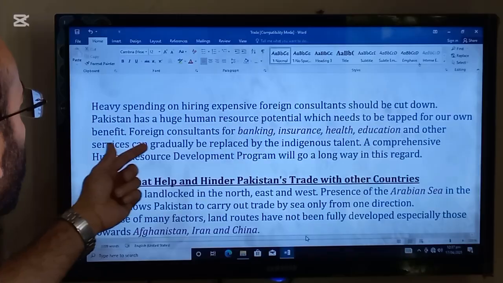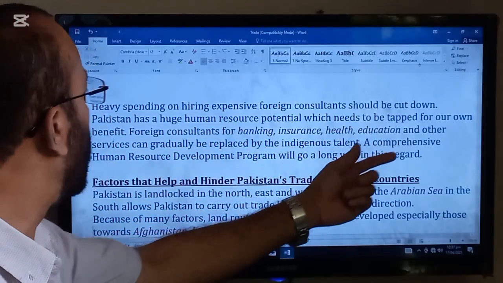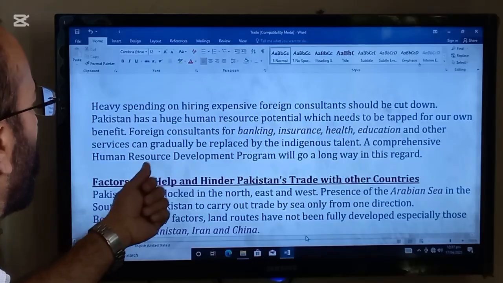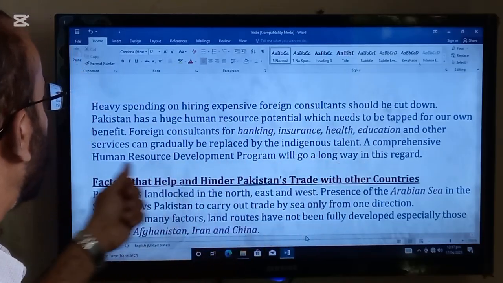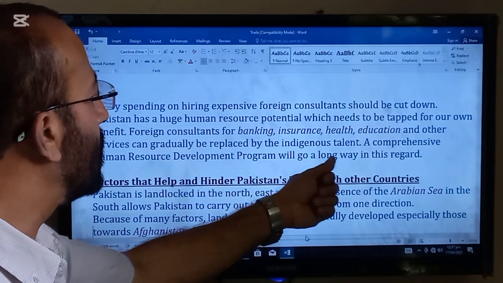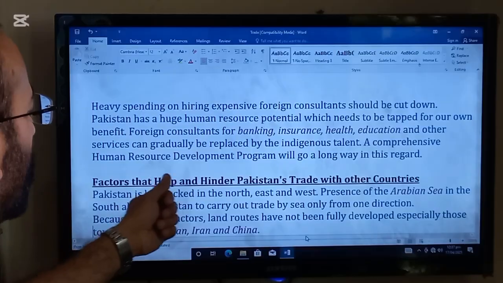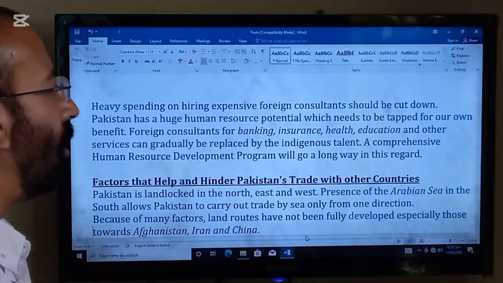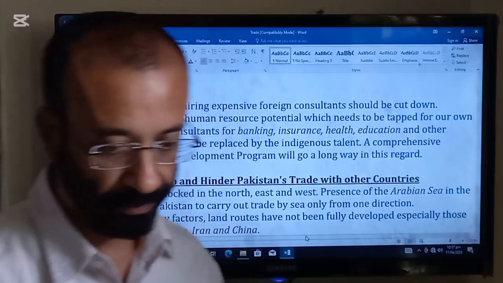Next is, Pakistan has a huge human resource potential which needs to be tapped for our own benefit. Foreign consultants for banking, insurance, health and education and other services can gradually be replaced by the indigenous talent. A comprehensive human resource development program will go a long way in this regard. So these are some ways.